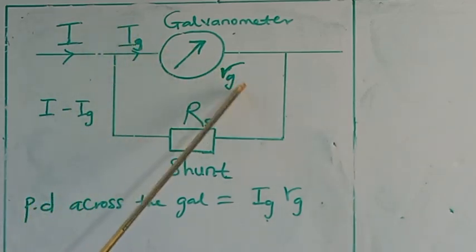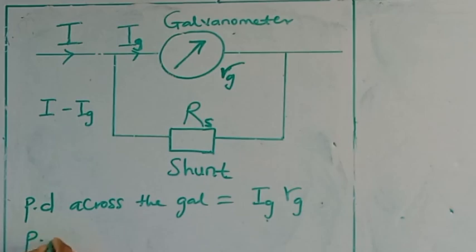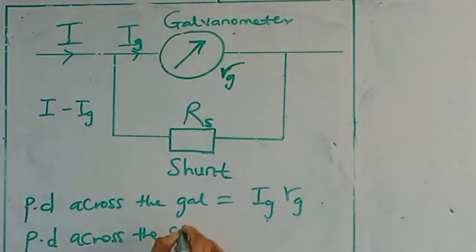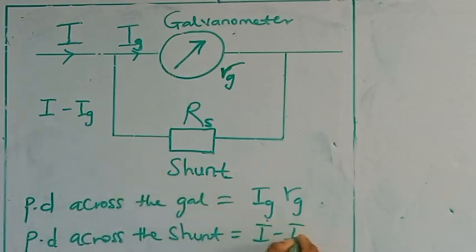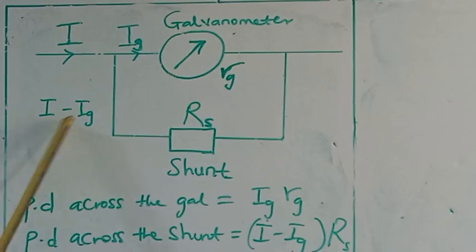This is the potential difference across the galvanometer. Then the potential difference across the shunt will be I minus IG times RS.